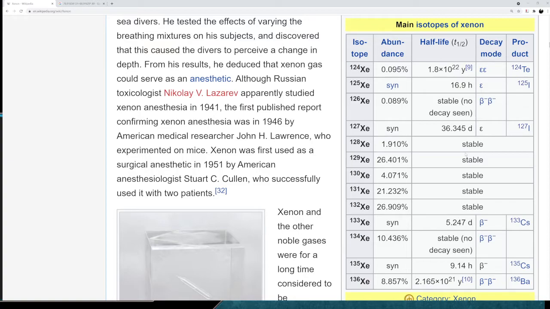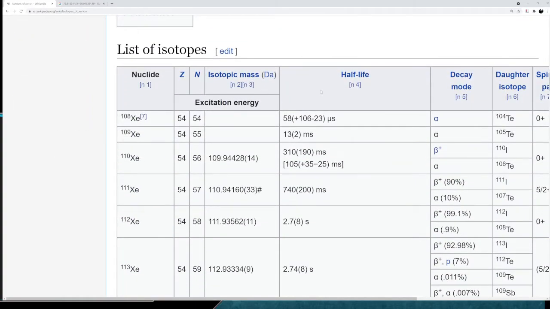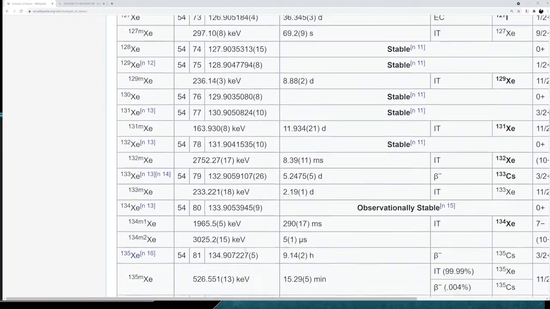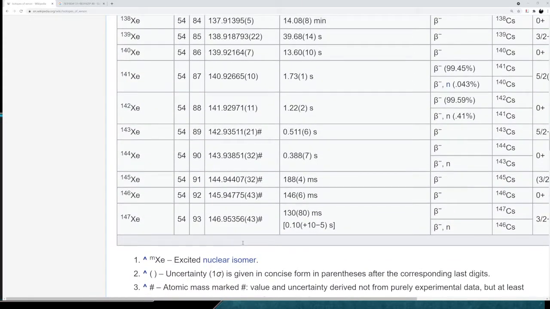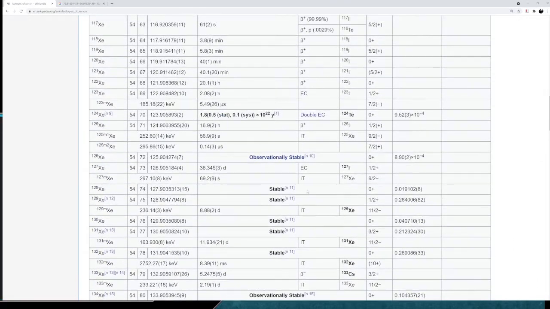We'd have to multiply whatever the mass of xenon 124 is by 0.00095, plus the mass of this one times 0.00089, plus etc. all the way down. Let's see if we can find the half-life, decay mode. No, we don't need these. Look at how many isotopes there are. So I'm going to zoom out here. Aha!